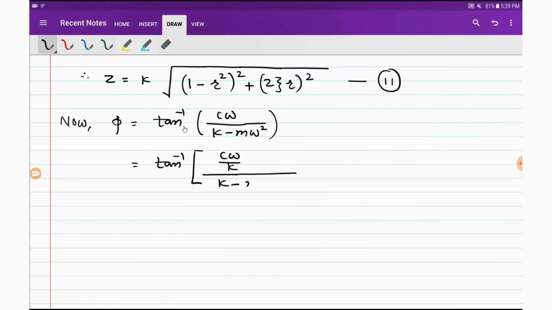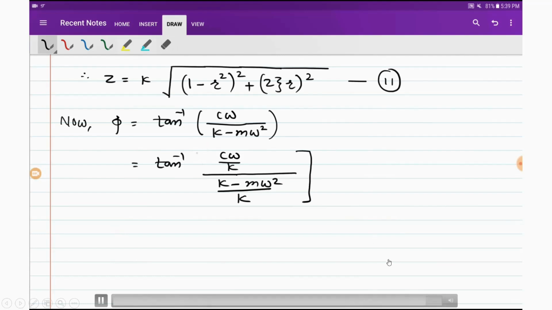Divide numerator and denominator by k, so that we get c by k and m by k terms, and then we can easily substitute those values which we have already derived. The value of c upon k is nothing but 2 zeta upon omega n, and this omega is already there. So k upon k, that is 1 minus m by k omega square.